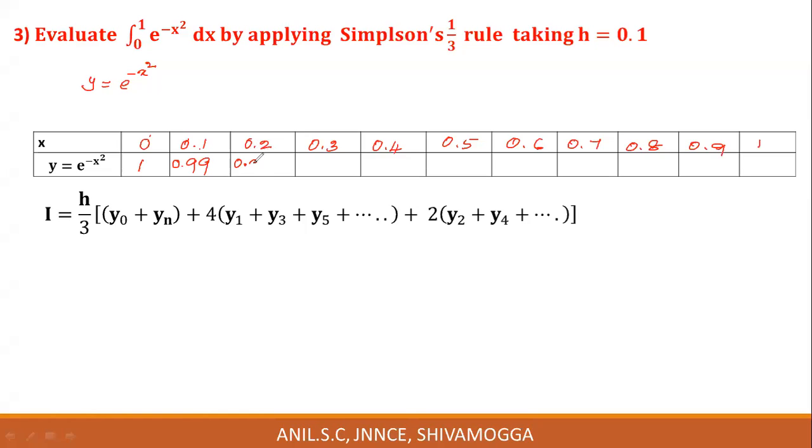0.96. Here 0.9900, right? Write up to 4 decimal places. 0.9607. Next, x is equal to 0.3. What is y? 0.9139.